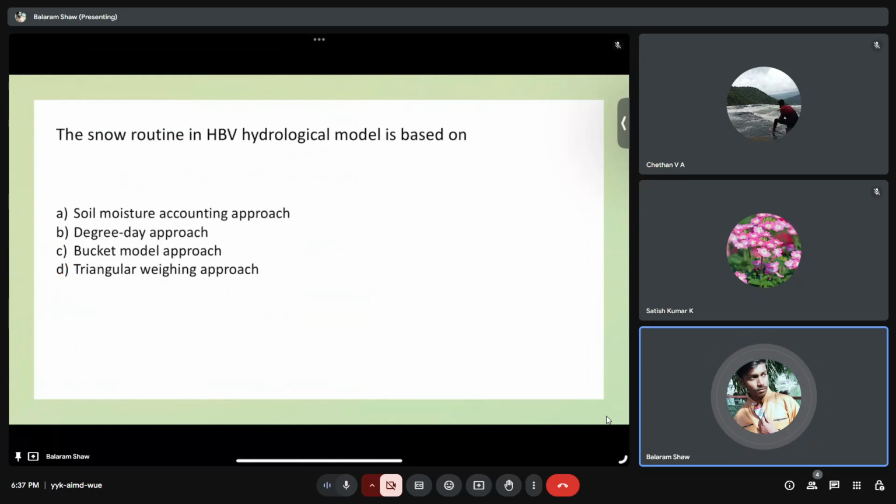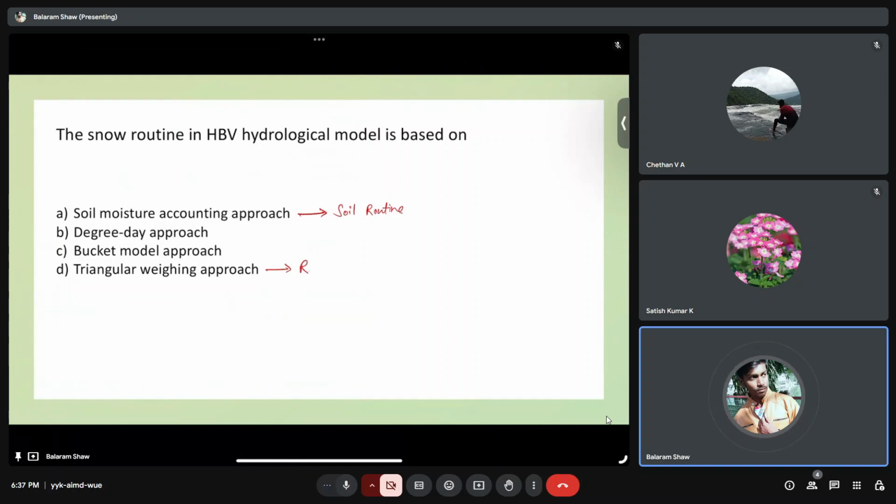The next question is: the snow routine in the HBV hydrological model is based on which approach? The soil moisture accounting approach, this we have seen. This is for the soil routine or the soil module. The triangular weighting approach we have seen.